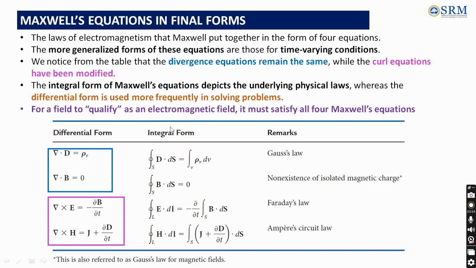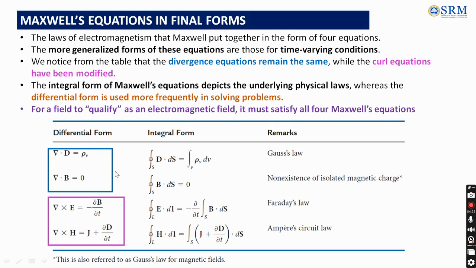Now let us see the final form of the Maxwell equations for time varying conditions. We can observe that the divergence equations remain the same while the curl equations are modified. From the integral form we understand the physical law, whereas the differential form we use most frequently in solving problems. For a field to qualify as an electromagnetic field, it should satisfy all four Maxwell equations.